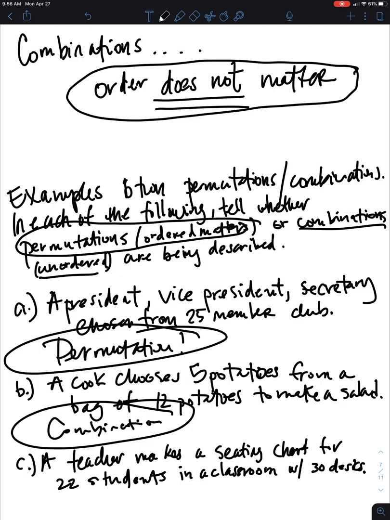Order matters because if you put students in different desks, then you have a whole new seating chart. A different ordering of students in the same seats results in a different seating chart. So you move one student and you've got a whole new seating chart. So order matters here, and this is a permutation.